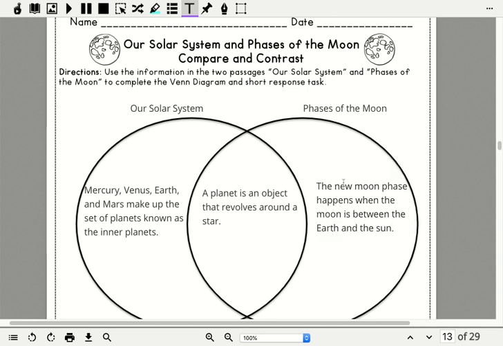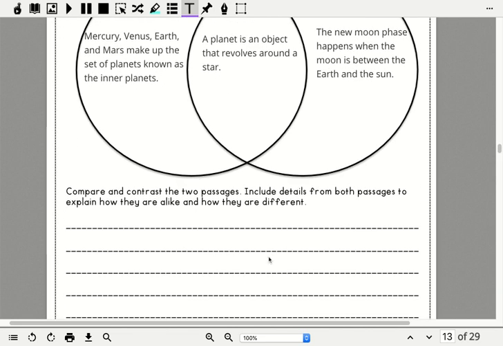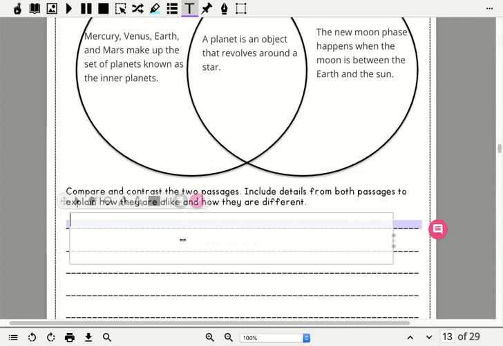So now we're going to use what we put in our chart to come down here and compare and contrast. Okay, so our question says compare and contrast the two passages. Include details from both passages to explain how they are alike and how they are different. Okay, so remember, when we're doing this, we always have to restate.